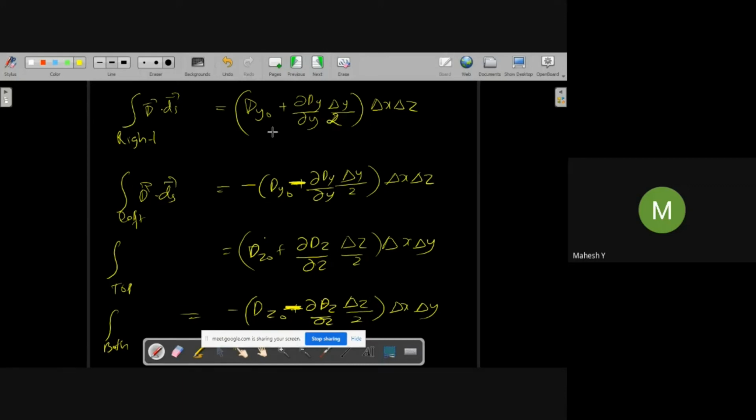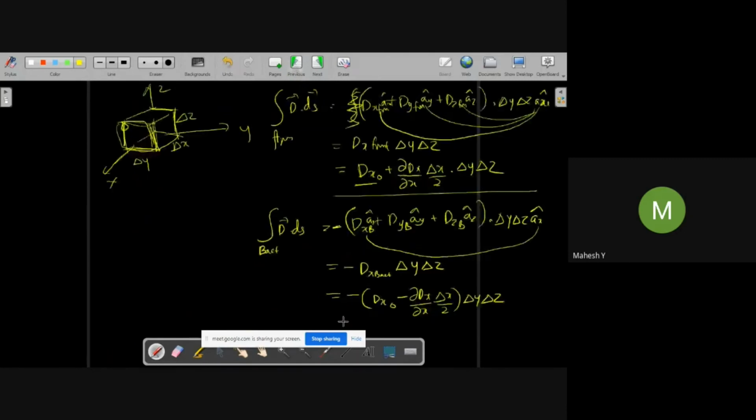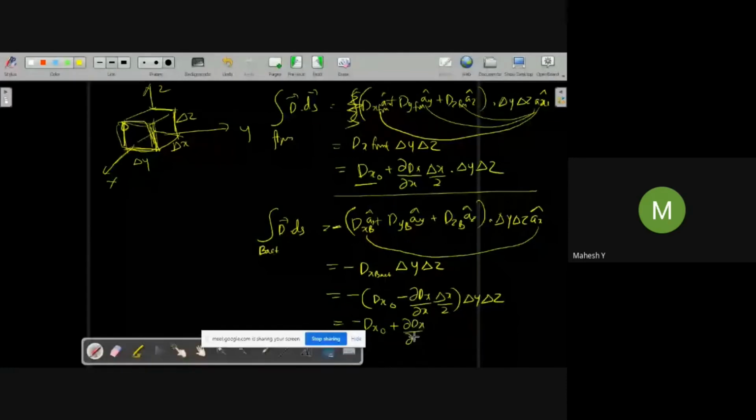So if you add all of them, here you have dx0. If you multiply the minus inside, dx0 plus dou dx by dou x delta x by 2 into delta y delta z, right? Here it is delta x into delta y delta z.